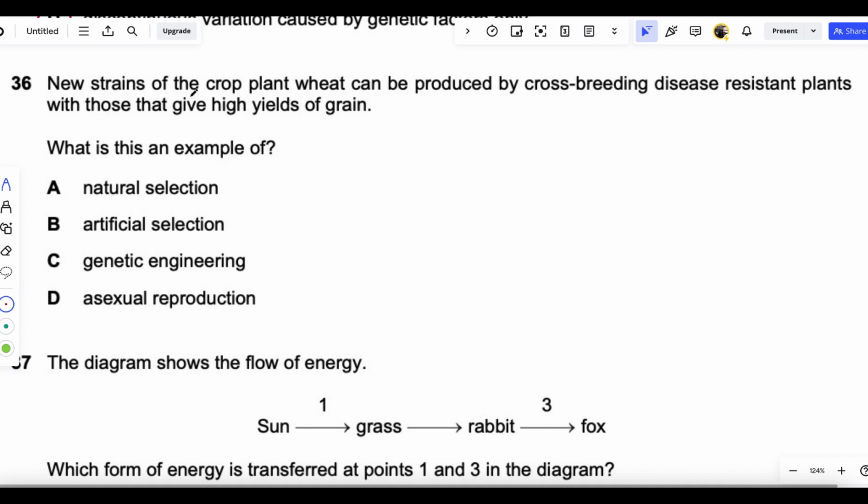Crossbreeding is artificial selection. It's not called genetic engineering or asexual reproduction. Crossbreeding a disease-resistant plant with one of high grain yield is an example of artificial selection.